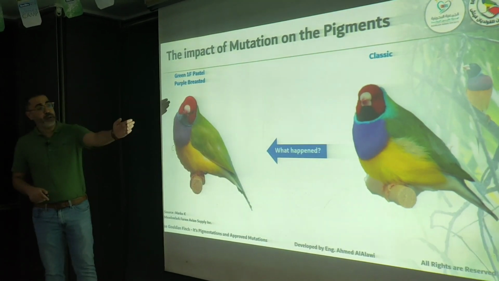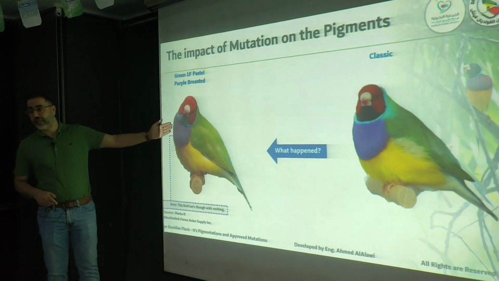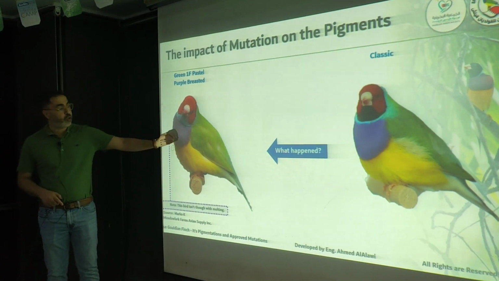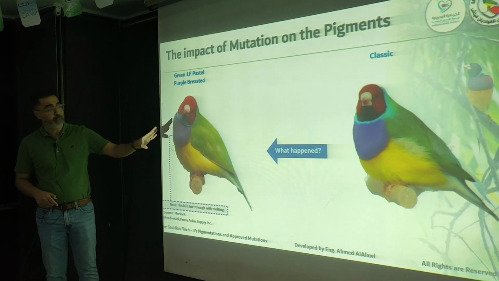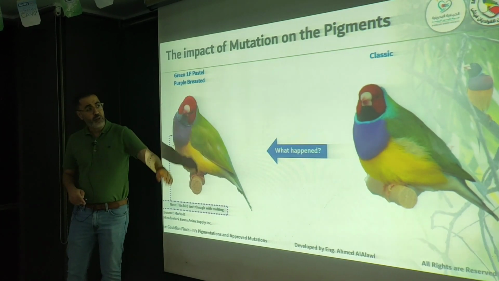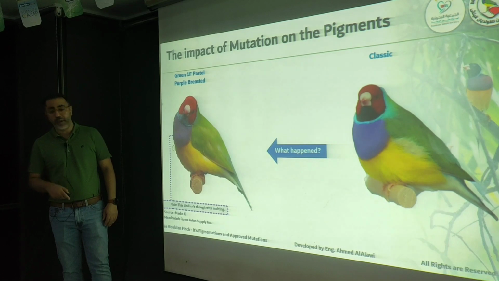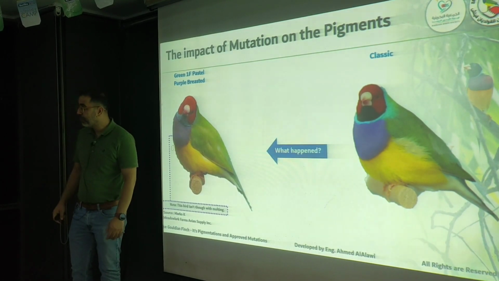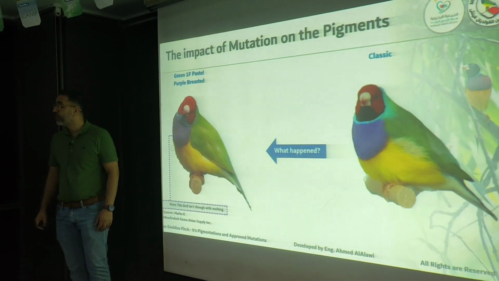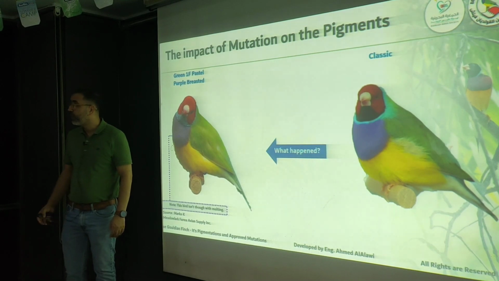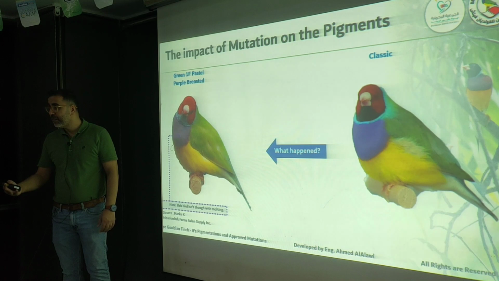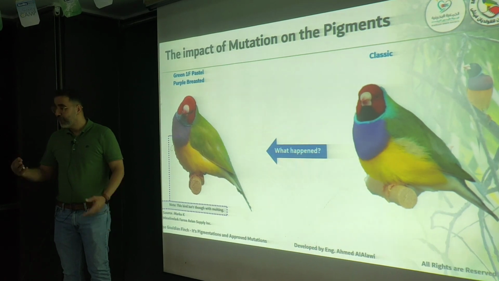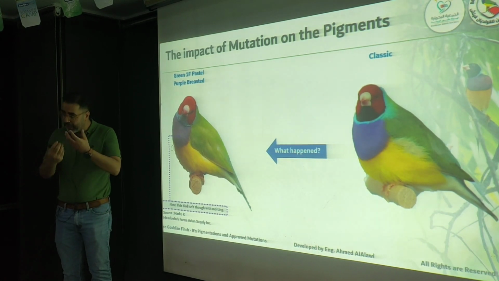Now, the classic bird, and I have a pastel bird. This is a mutation, so the feather quality is not that great. Just think of the color now, what happened. So from there, classic, I came to here. What happened? Dilute. Dilute what? Dilute means the color became less.